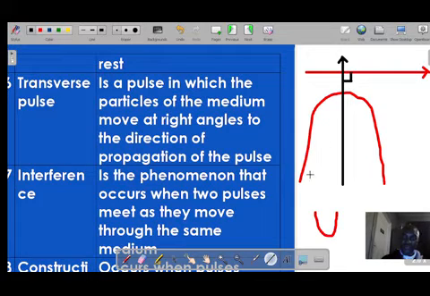So a pulse whereby the displacement is perpendicular to the direction of motion is called a transverse pulse. Hope we are together. Now these pulses can interfere.